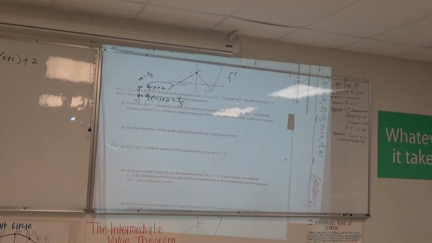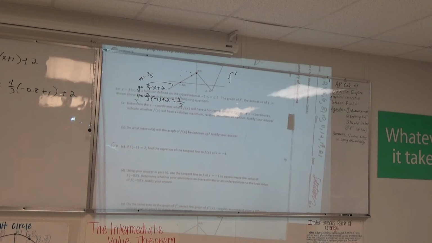The squiggly line would be nice, but it's f of -0.8 that you're approximating. So f of -0.8 is approximately 4/3 times -0.8 plus 1 plus 2. Don't simplify, you don't need to simplify. The mistake is a lot of folk don't even write this. They were saying L of -0.8 is approximately that. That's not what you're being asked to approximate. They want you to approximate f.